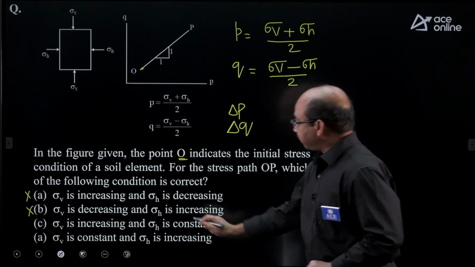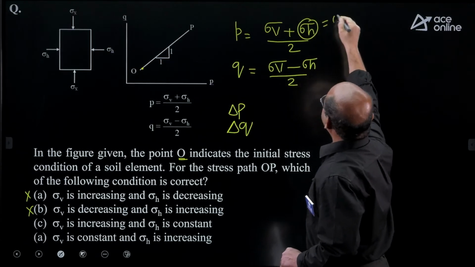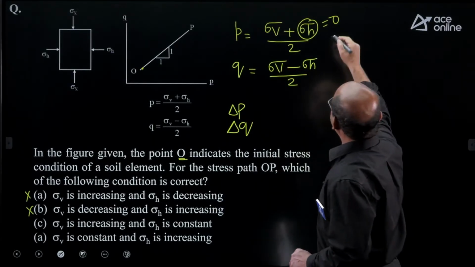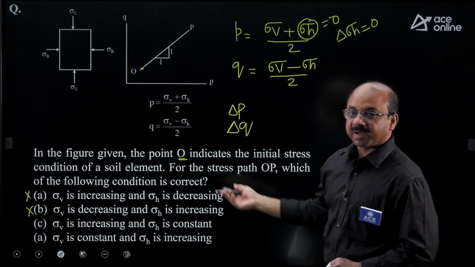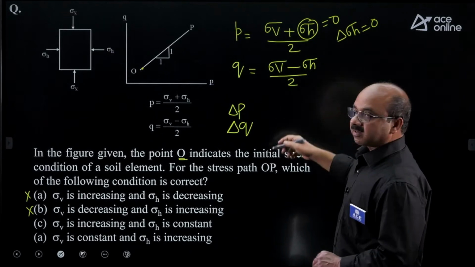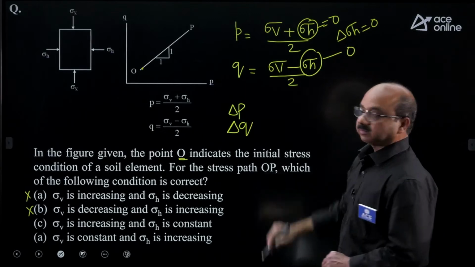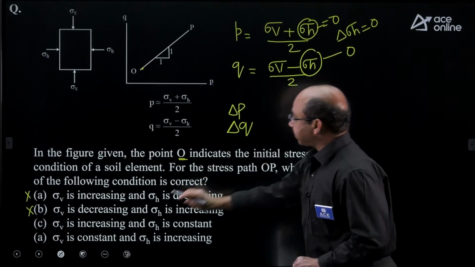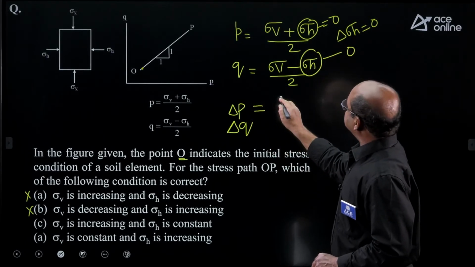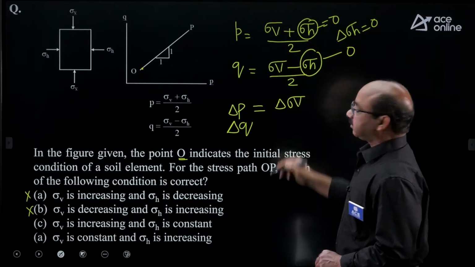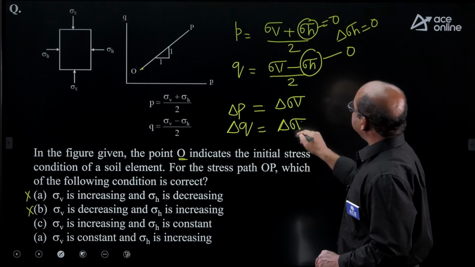Now next one, sigma V is increasing and sigma H is constant. Please observe this. Because sigma H is constant, this variation is 0. So delta sigma H is 0. No variation, sigma H is constant there. So this is going to be 0 and this is also going to be 0. Therefore, whenever sigma V is increasing and sigma H is constant, the delta P is going to be delta sigma V and delta Q is also going to be delta sigma V only.